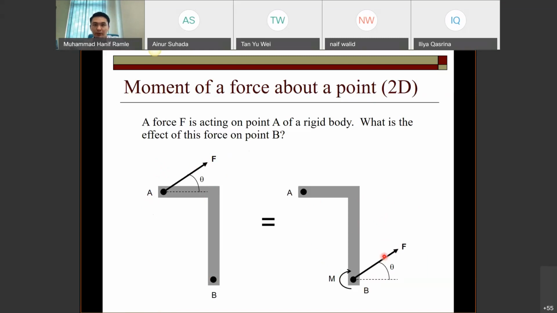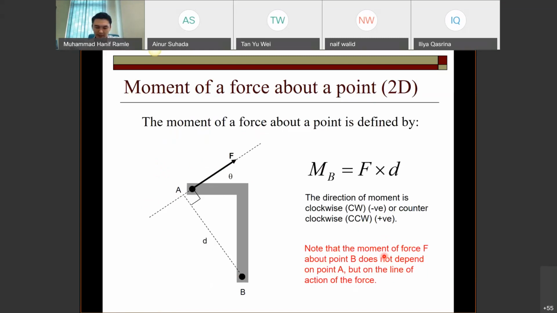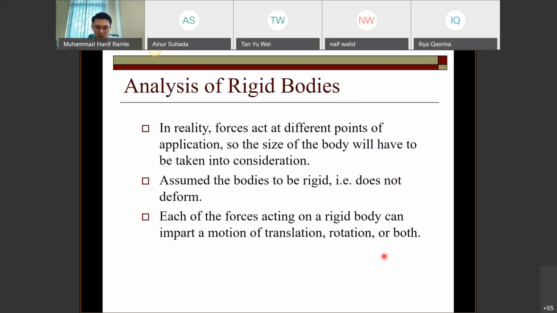So the usefulness of moment is that we can do a translation, like I showed you just now. We can impart a motion of translation or rotation.